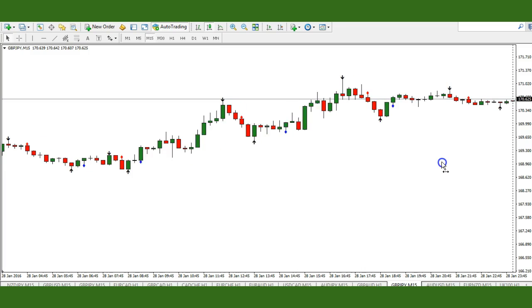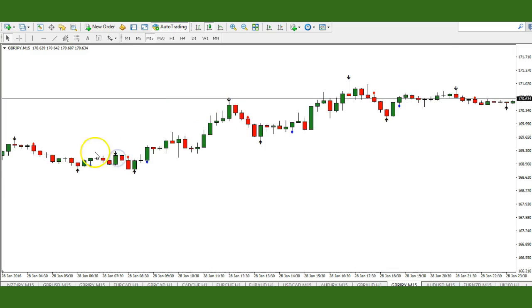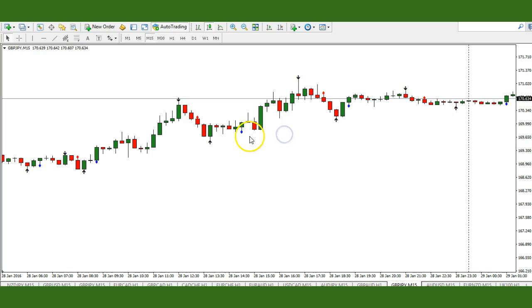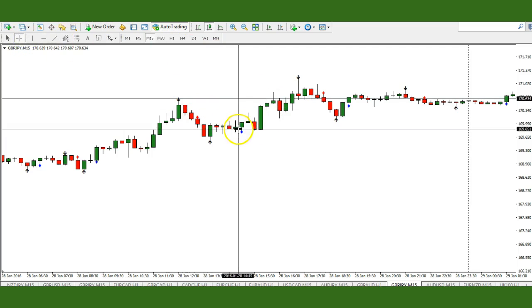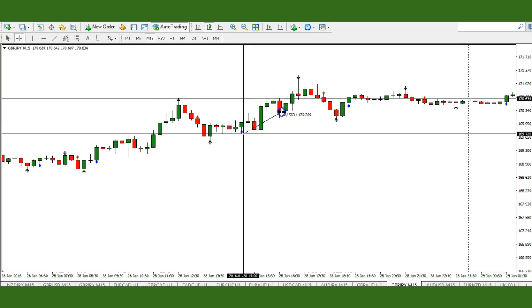Then coming into the New York session, that's over here. There's another trade signal, and I'm sorry, that's not right. The New York session was back here. This is the last wave of the New York session, which is about 2 o'clock or 1 o'clock in the afternoon, and there was a trade that went up about 120 pips.